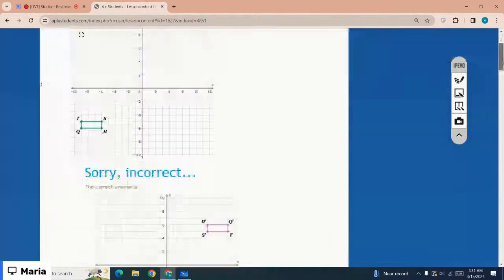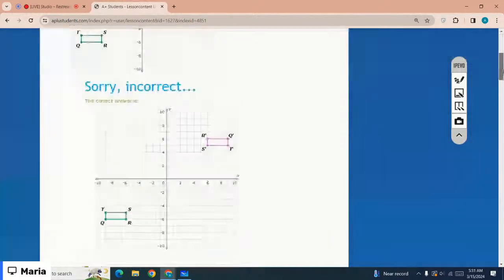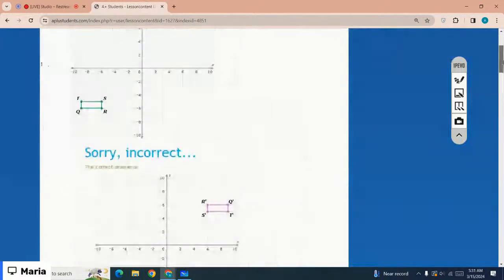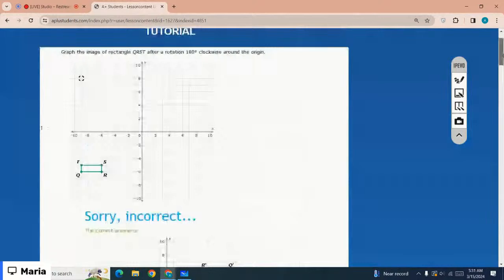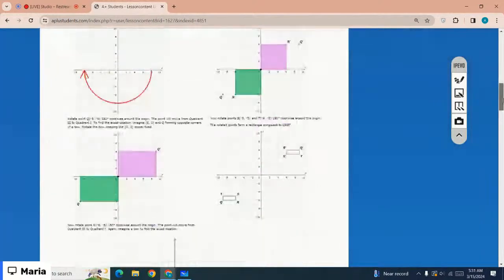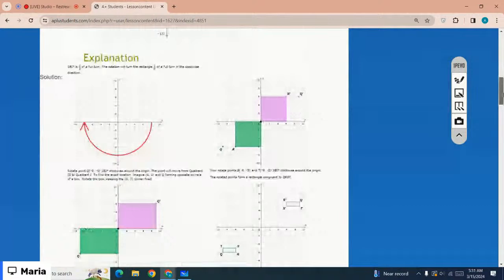So that is a 180-degree rotation, right? Okay, here is the explanation. 180 degrees is half of a full turn, right? The rotation will turn the rectangle half of a turn in the clockwise direction.